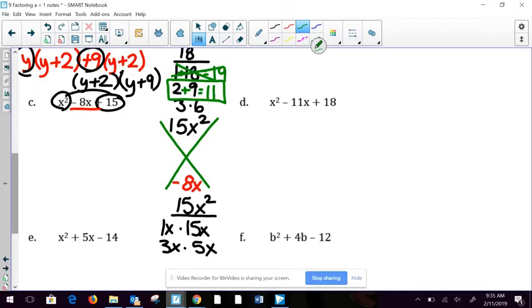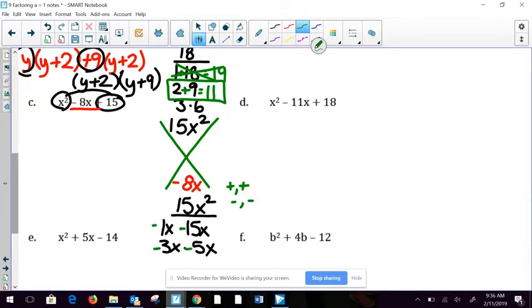I need two numbers that multiply to be a positive 15 but add up to be a negative. There's only two ways to get a positive number when you multiply. Either you're going to have a positive and a positive, or you're going to have a negative and a negative. Well, if I'm looking to add up to be a negative number, both of these numbers must be negative.